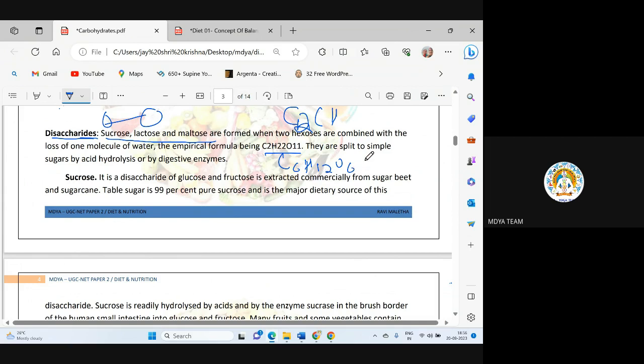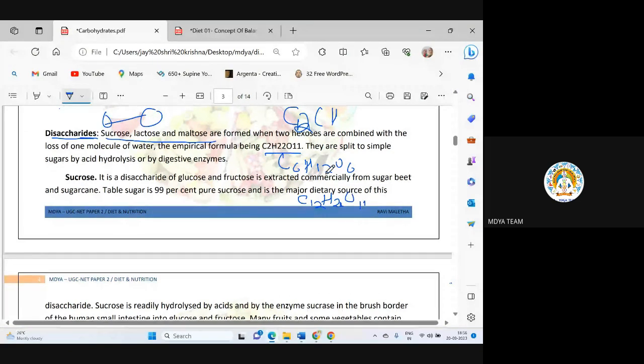If we have 2 monosaccharides, then every atom will be doubled. In place of 6, there will be C12. In place of 12, there will be 22, and in place of 6, there will be 11.